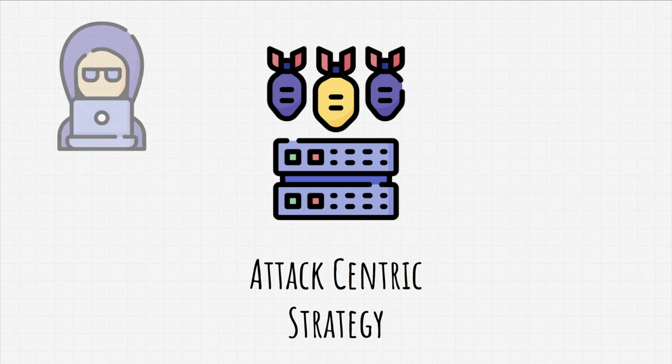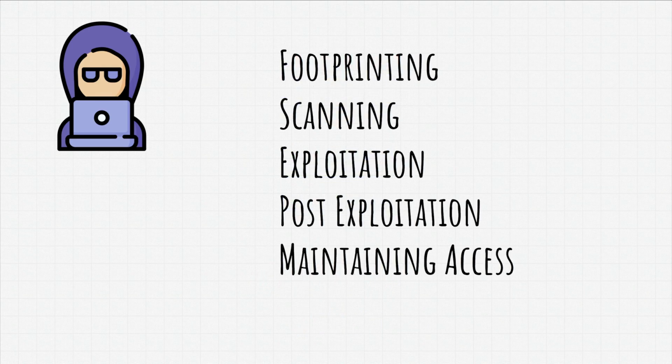So a hacker usually goes through several stages when targeting something. Now, it's not always the case that the events will play out in this order, but it is the most common to go through these steps in order. These steps are footprinting or information gathering stage, where the attacker gets as much information as he can about his target.